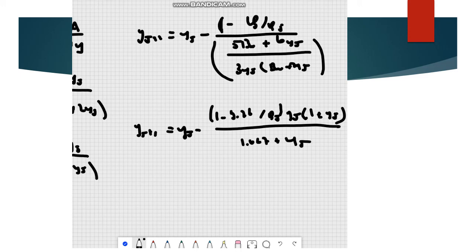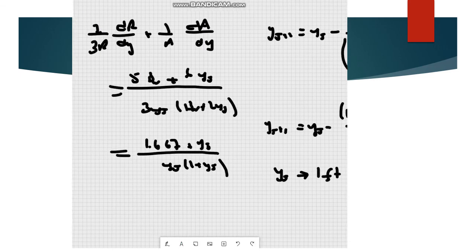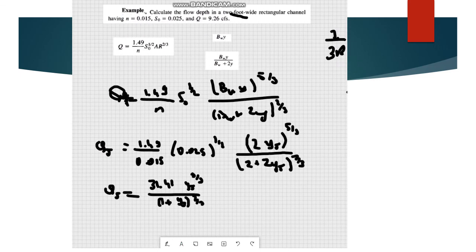So in here we need to make a trial and iterative procedure in order to find the solution. Here we just need to plug in one number for y_j. Like if you plug in y_j as 1 foot, and we plug it here, we are going to have the Q_j from, as you see, Q is here.